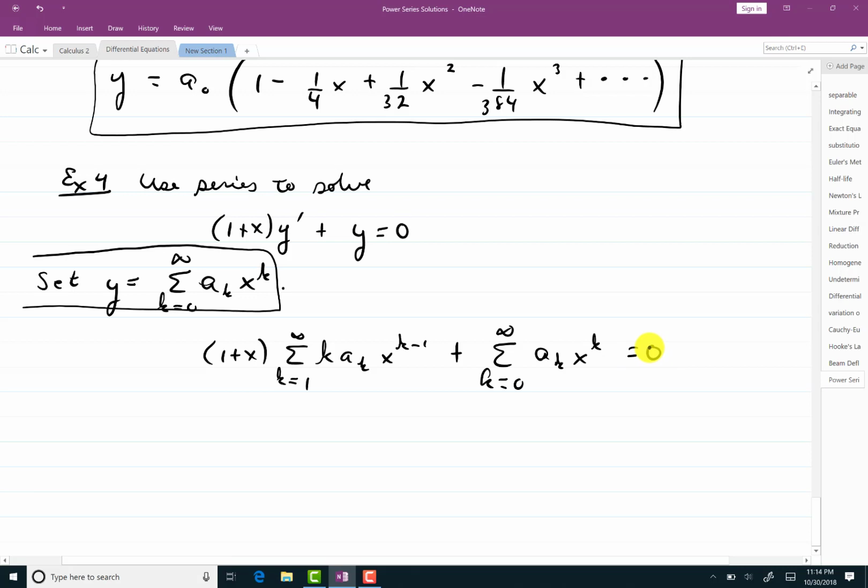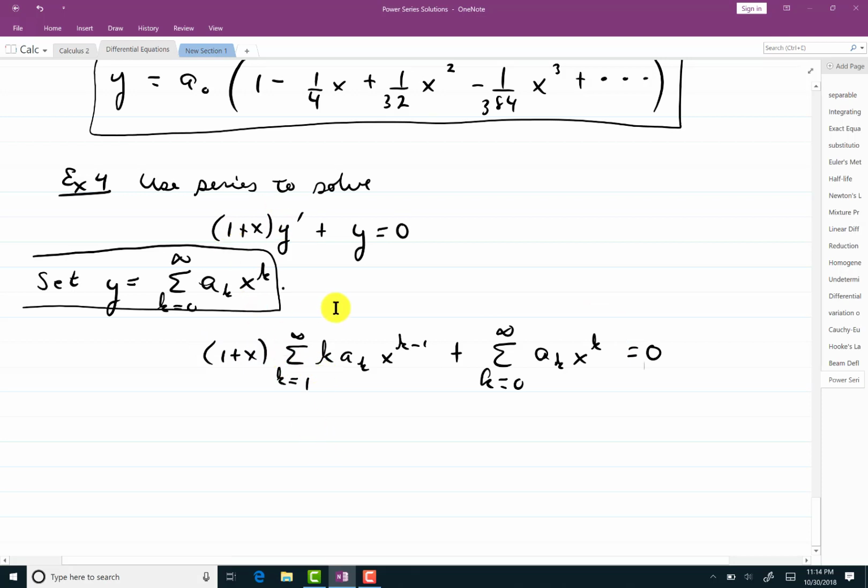More than anything, the purpose of this example is to show you what you do to get these series to be added together. Right now, they start at the wrong number and the power is different, but I'm not going to fix it just yet. I'm going to distribute the 1 plus x through, and here's what I'm going to get.